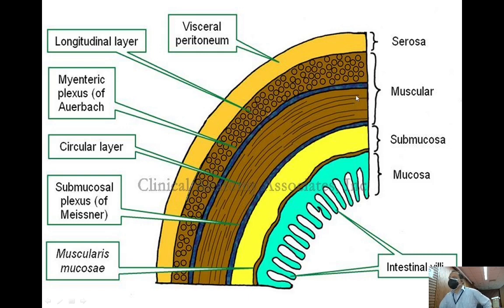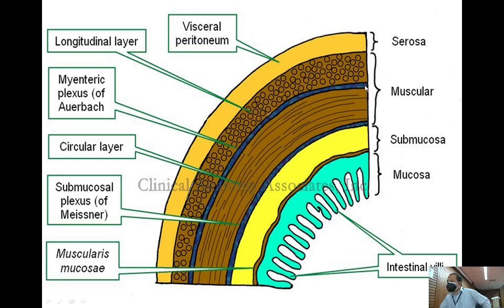Now, if you go into the large intestine, you'll find that these longitudinal muscles are arranged in the form of bundles known as the taenia coli. And then beyond this, these are longitudinal, these are circular muscles.